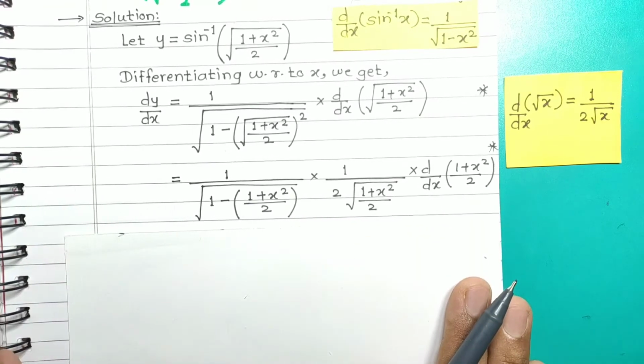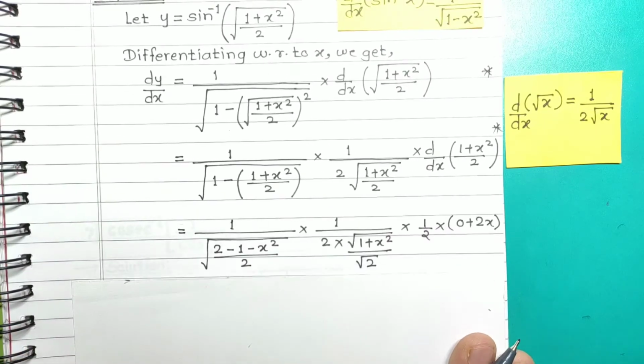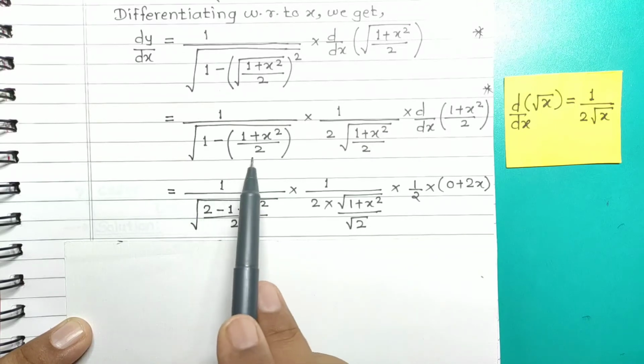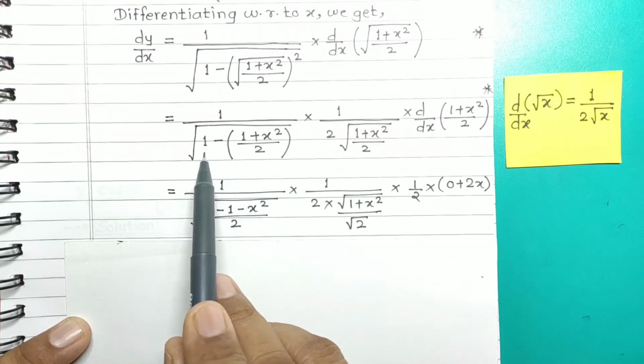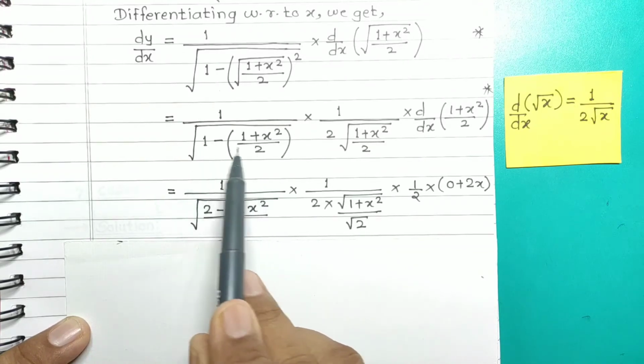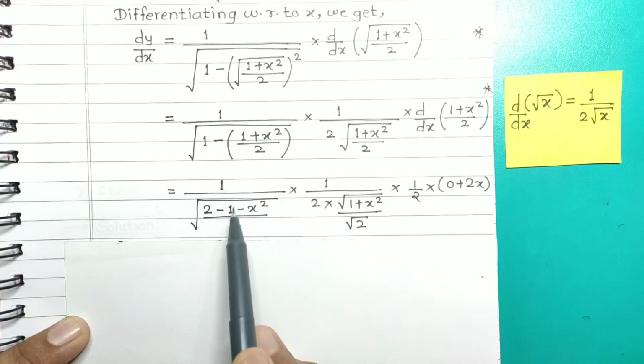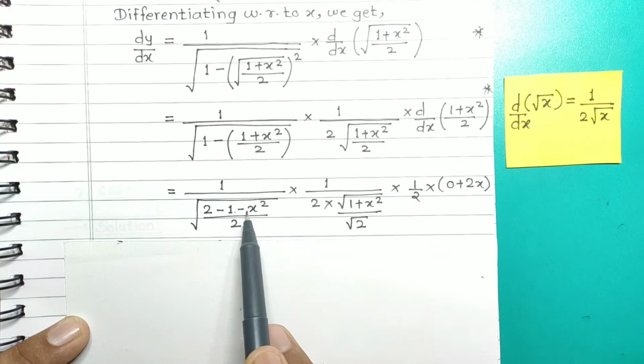Now see the next step. Let's simplify the terms. Here 1 upon square root of, making this denominator 2, we have to multiply this 1 by 2. So 2 minus, see these terms, minus 1 and minus plus, it is minus x square upon 2.